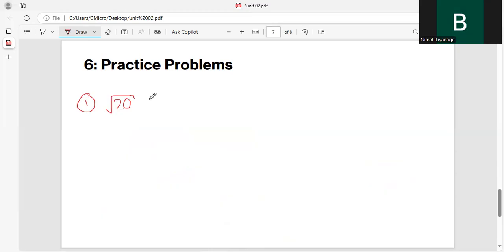Find the square root of 20 using the approximation method. Using the approximation method. Okay. First one is find the square root of 20 by using the approximation method.